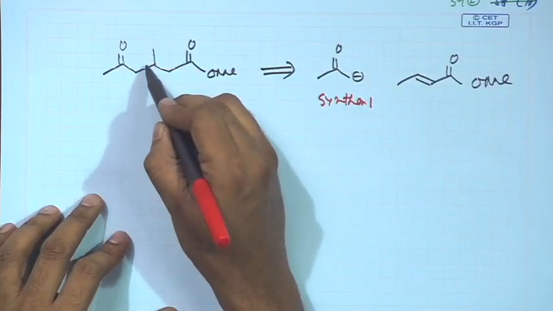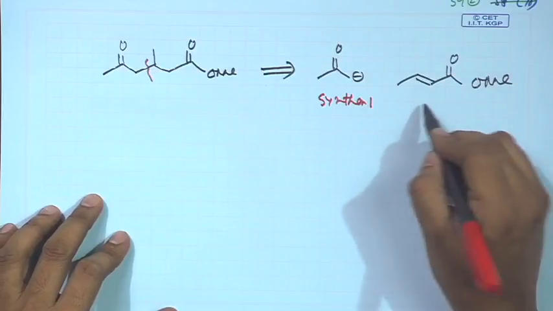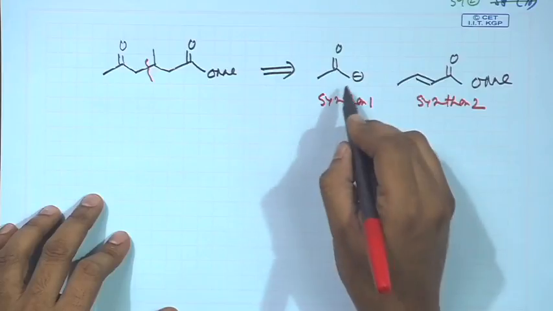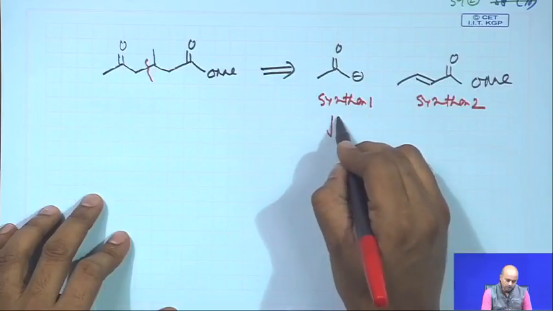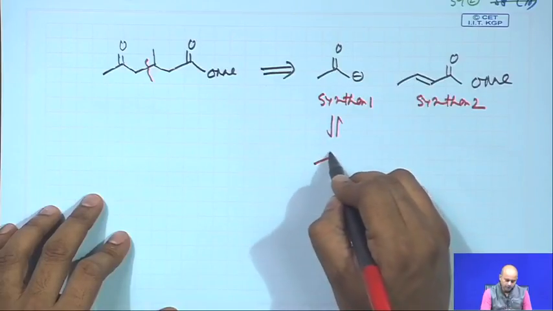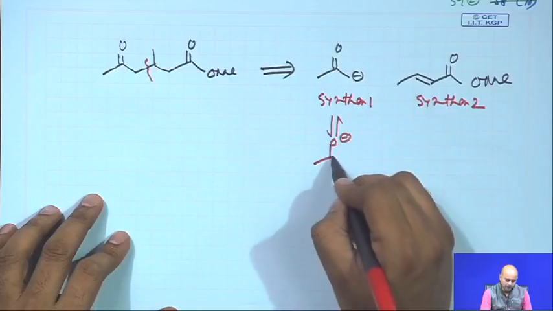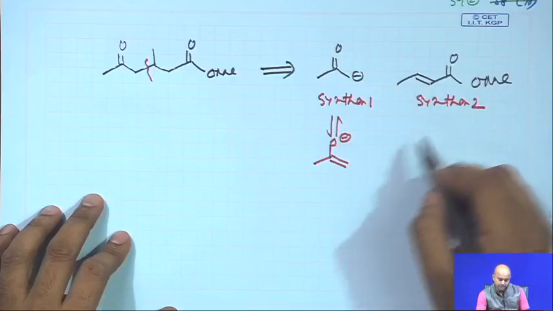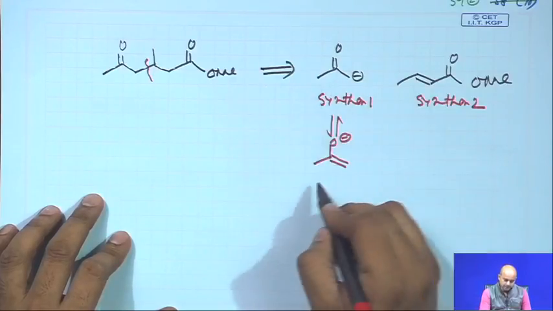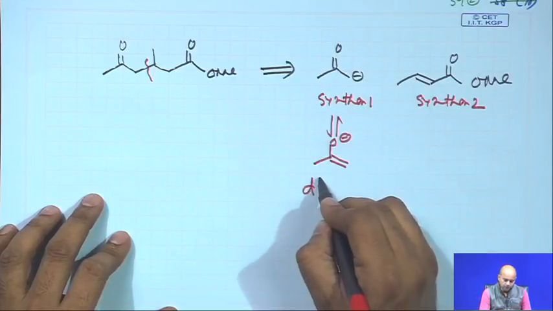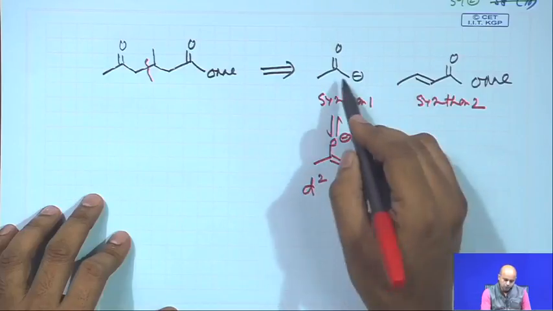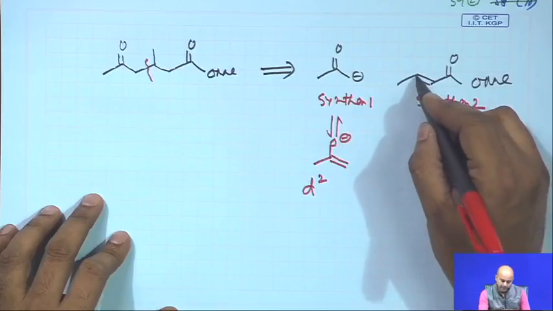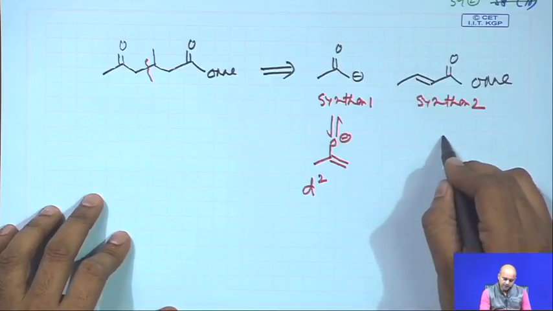We do a disconnection there, and this is your synthon 2. This one is very stable; it is an enolate anion, and this is your Michael acceptor. This is termed a D synthon, so you can call it D2, the 2 carbon, and this is your acceptor system.